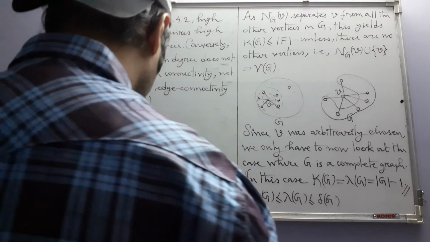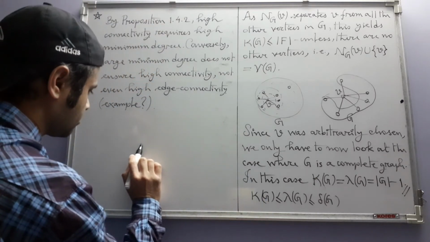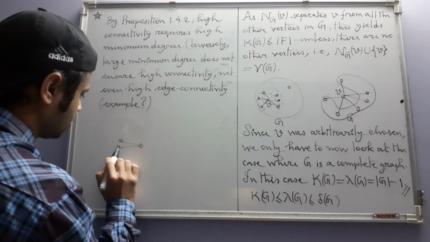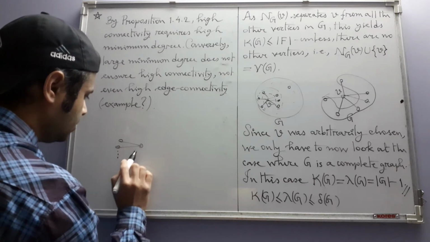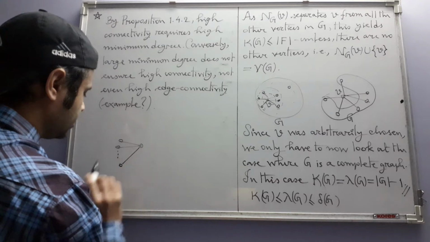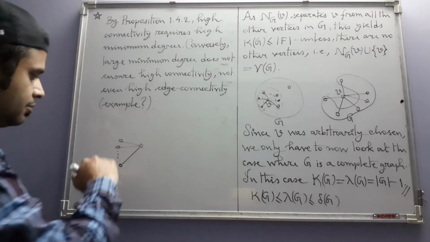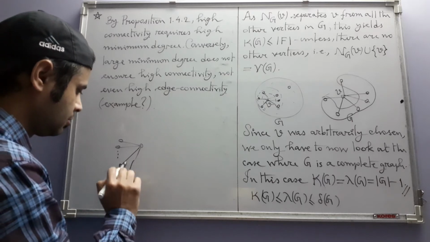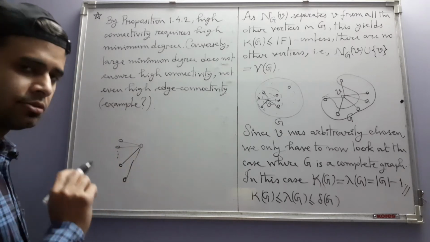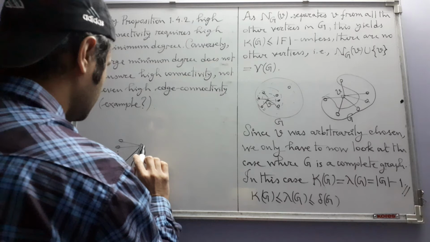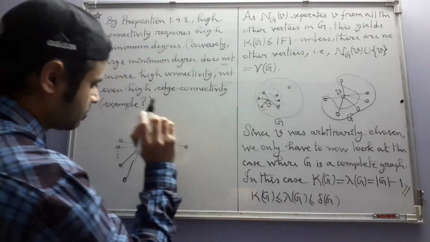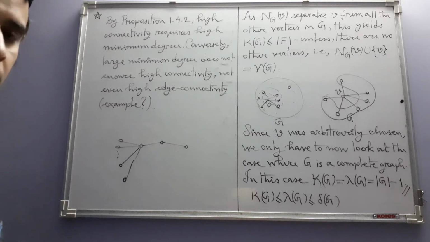And one natural example can be this. You continue taking as many vertices as you wish, make all of them adjacent to a single vertex, and also you draw like this.